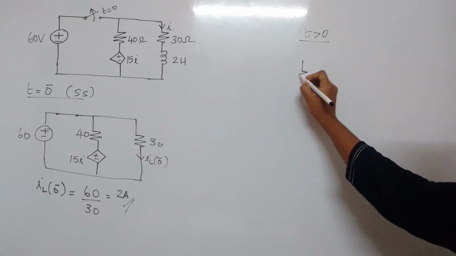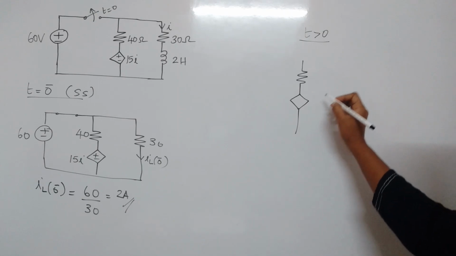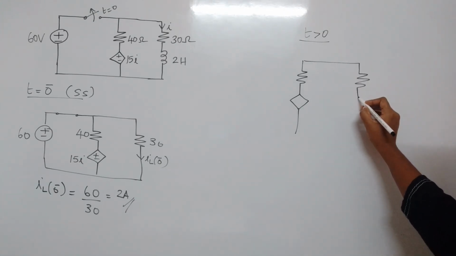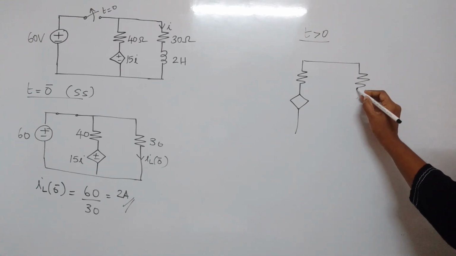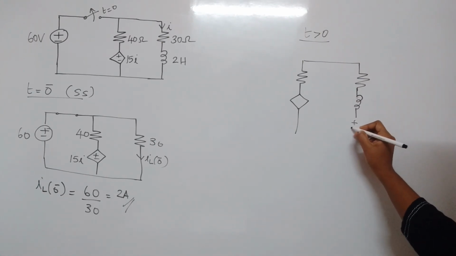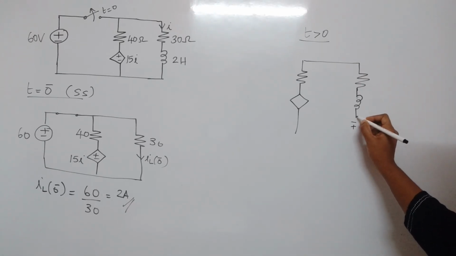So at t greater than 0, the circuit will be inductor followed by, since there is an initial current, a voltage source having polarity minus plus.